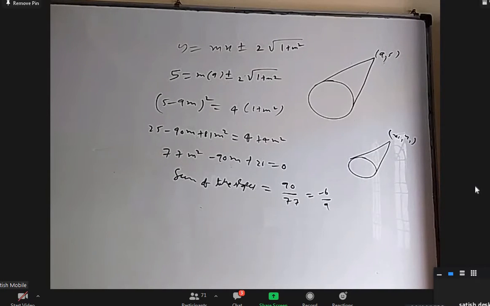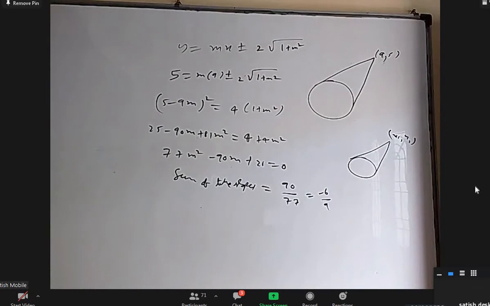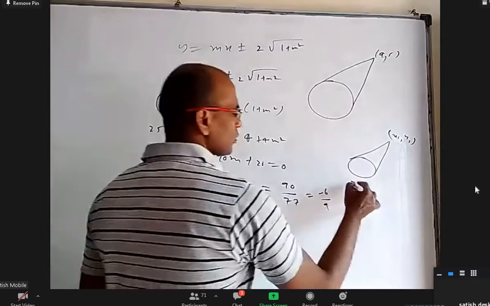From an external point (x1, y1), two tangents are drawn to the circle x square plus y square equal to r square.